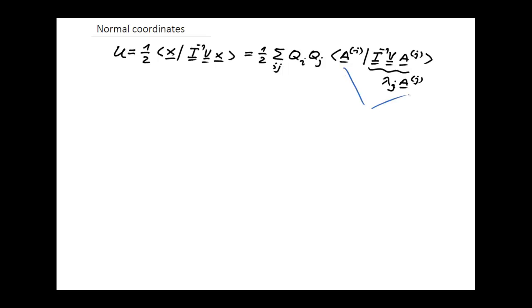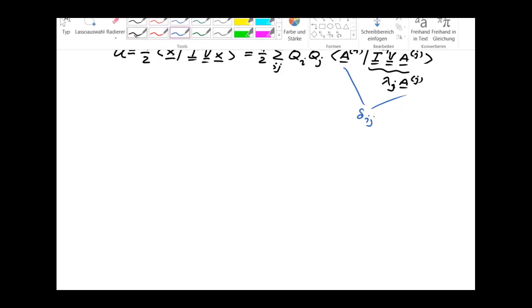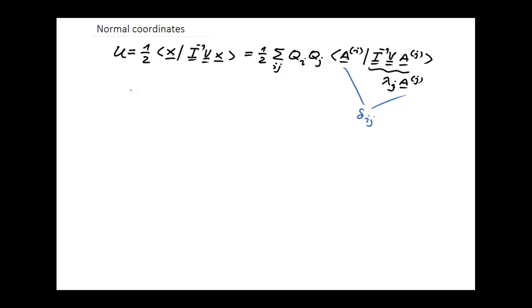Since this is an orthonormal basis with respect to the new scalar product, the scalar product of ai with aj is a Kronecker delta, delta ij. So one of the two sums collapses. We are left with only one sum over i, and then we have lambda i qi squared. So it's a simple expression for the kinetic, for the potential energy too.